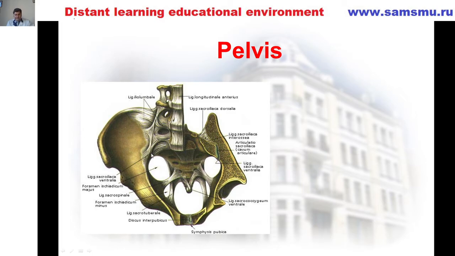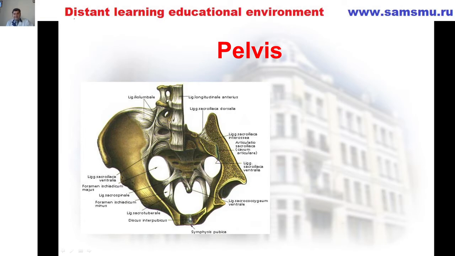Ligamenta sacroiliaca ventralia, it's in Latin, which are tightly fused with the capsule, and posteriorly by the posterior sacroiliac ligaments, ligamenta sacroiliaca dorsalia, running downward from the superior and inferior posterior iliac spines to the sacral vertebrae, and by the iliolumbar ligament, you may see on this picture too, stretching from the transverse processes of the fifth lumbar vertebra to the iliac crest.